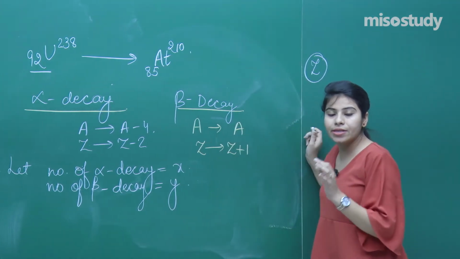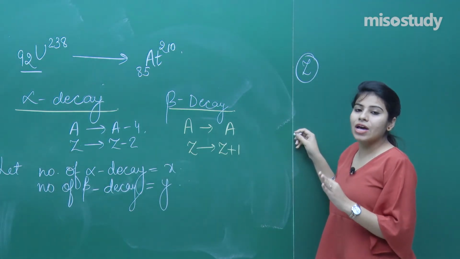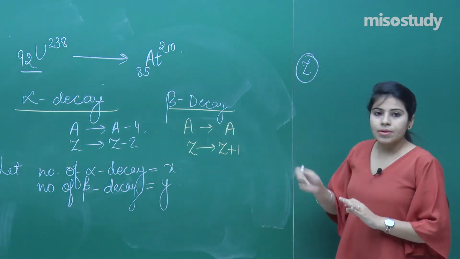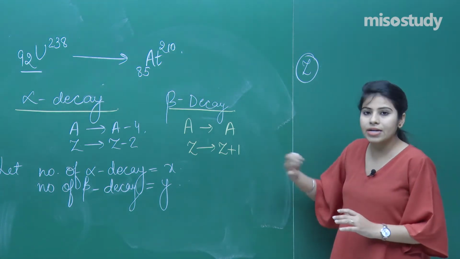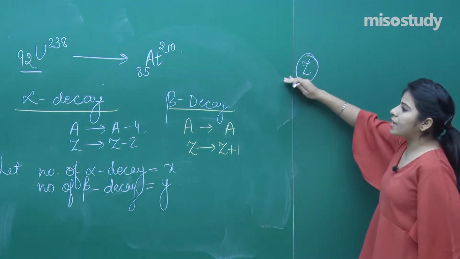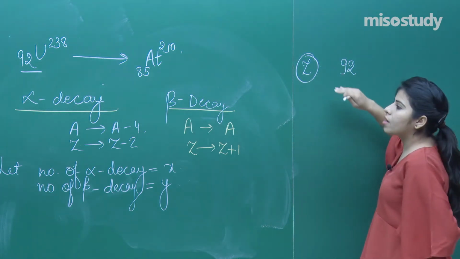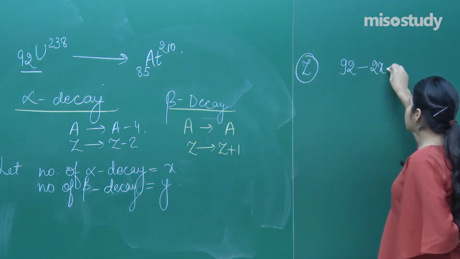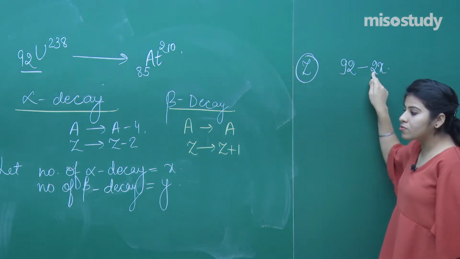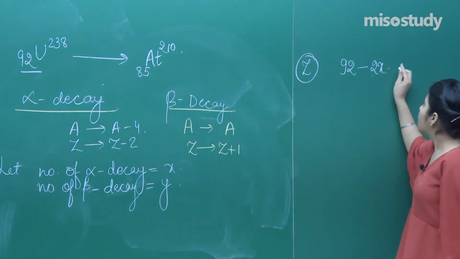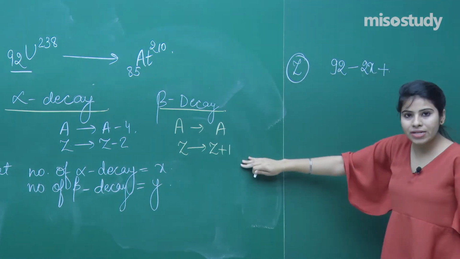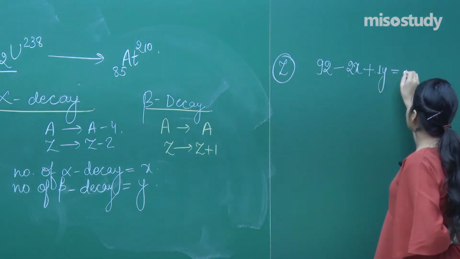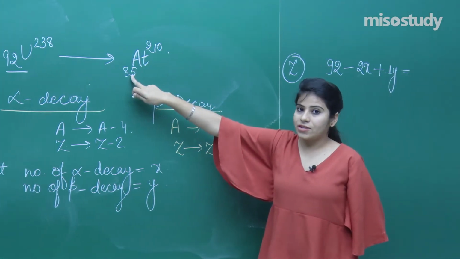First of all I'll be considering the case of atomic number. You know that the atomic number is going to be reduced by 2 in the case of alpha decay, and in beta decay it will be increased by 1. So earlier we were having 92, it is going to be reduced by 2 into x, plus 1 into y, equals 85.